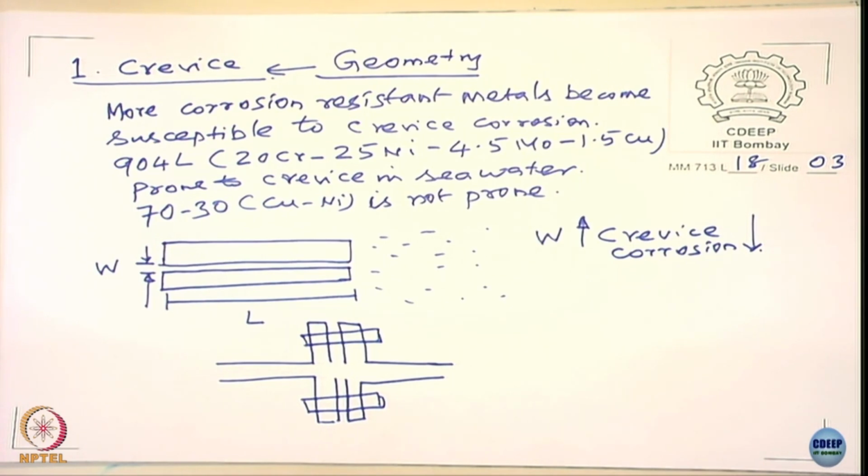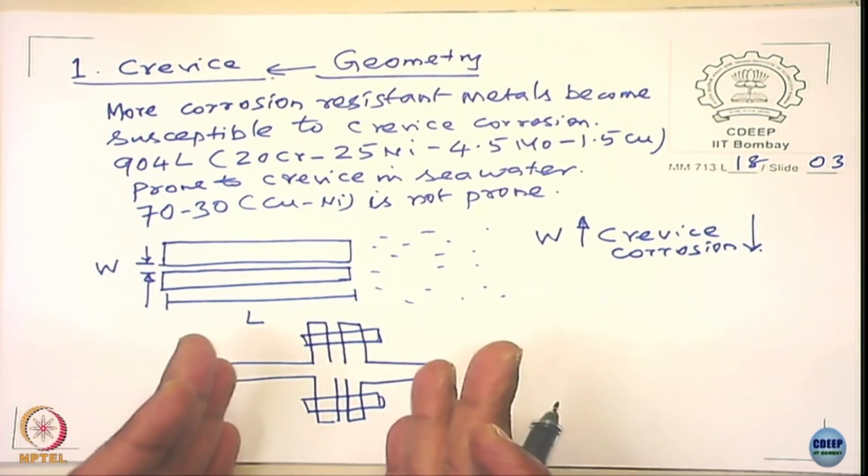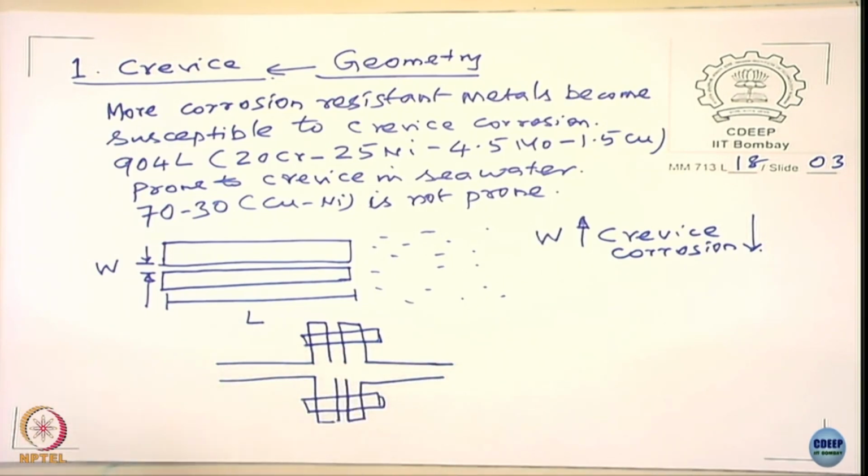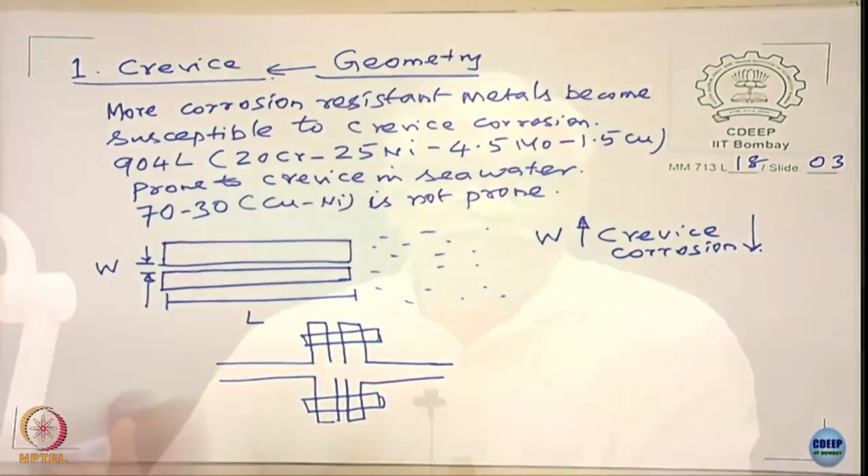You expect that the gap should be decreasing, then only it is going to be leak proof, with less vibration. So, typically these mechanical joints are expected to be as tight as possible. The crevice width has to be as small as possible, then only that becomes an effective joint, otherwise it becomes a leak. So, that means inherently the good joints will suffer more crevice corrosion than joints which are looser, but you can't help it, you have to have tight ones. This is a real problem in practice.